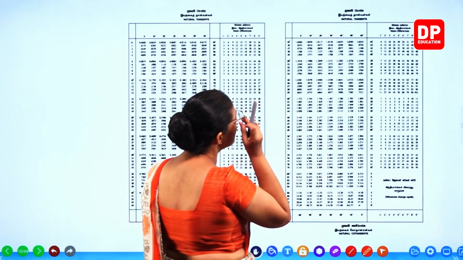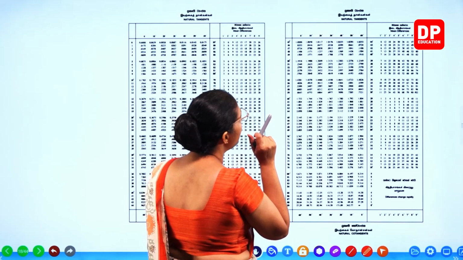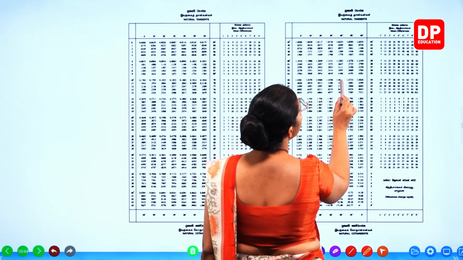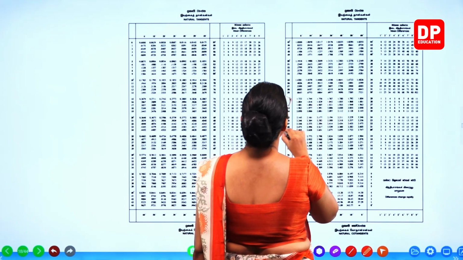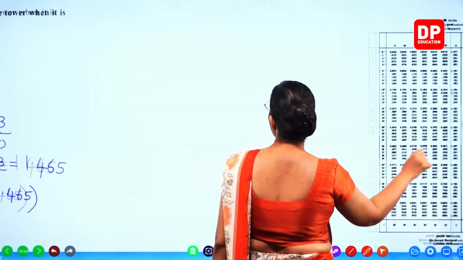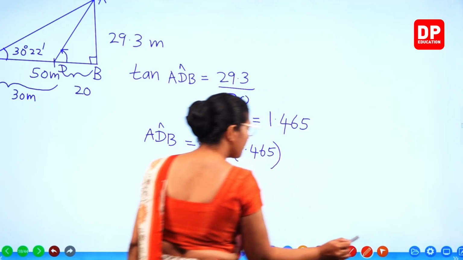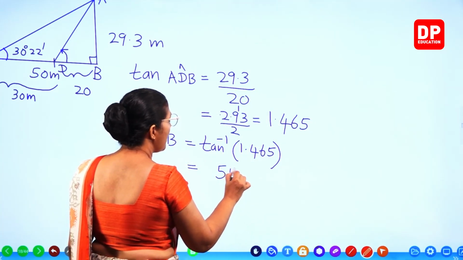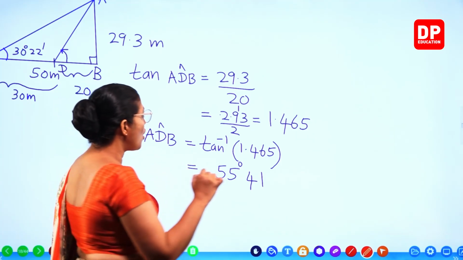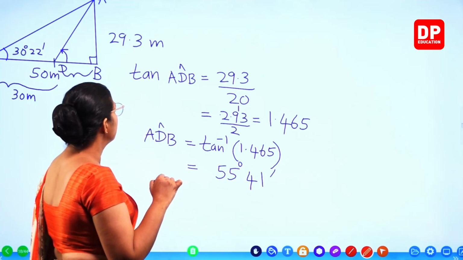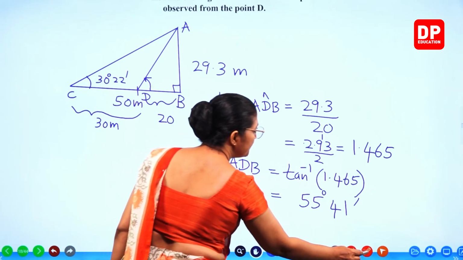To get 465, you need another 9. 9 from that, that's 1. 55, 41. That means 55 degrees and 41 minutes. That's the angle required.